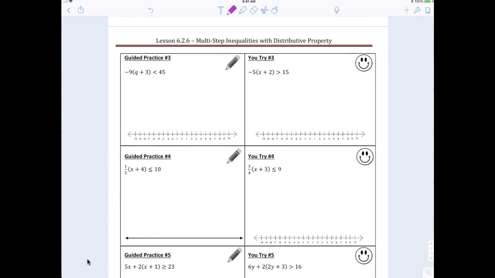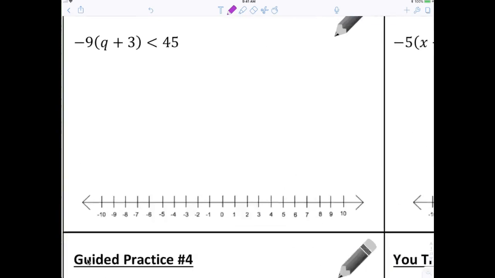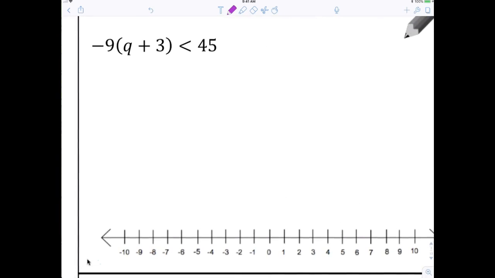All right, so now I'm going to do 3 and 4, and then I want you guys to do the ones on the right. Now, instead of distributing, what did I tell you to do the quickest way? Yeah, divide it out, because 45 is divisible by 9. It makes it easier, correct? But I'm dividing by what?